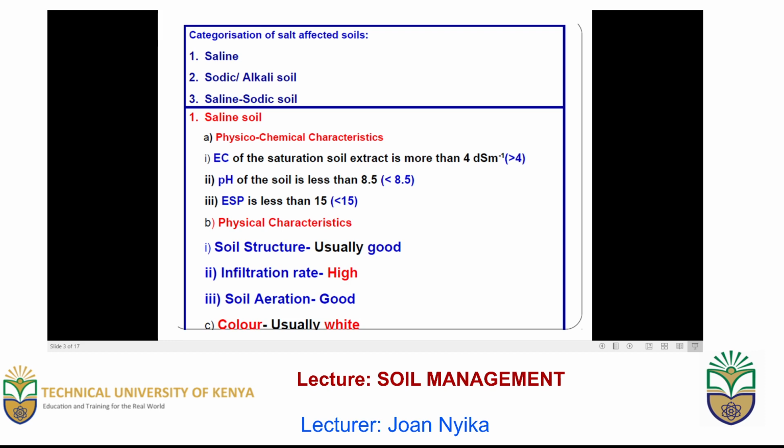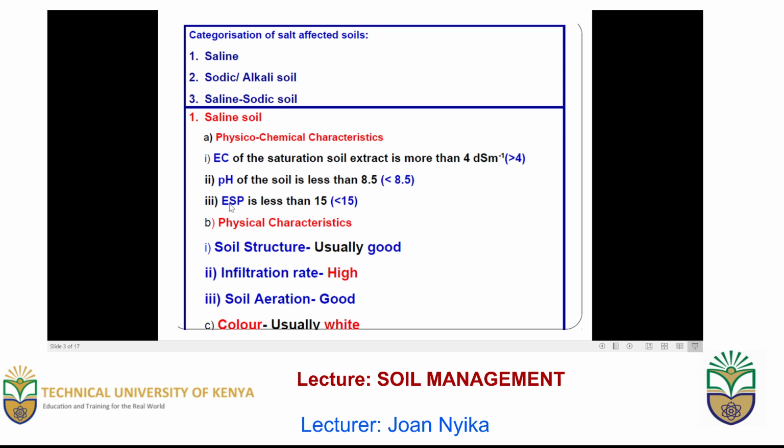Saline soils have got the following physicochemical characteristics. Their exchangeable cations, or what we refer to as saturation of various ions, is more than 4. The pH of the soils is less than 8.5, meaning that they are not so much basic.